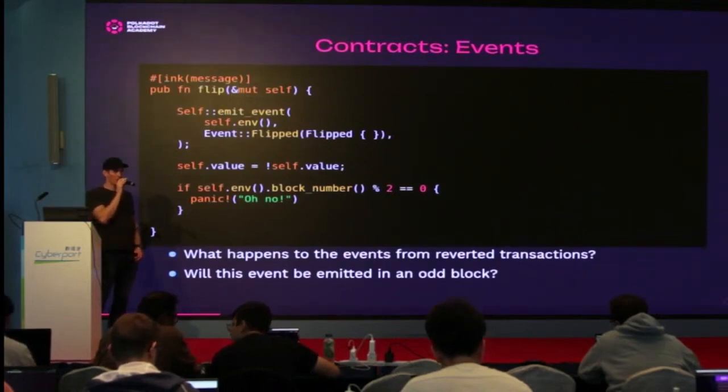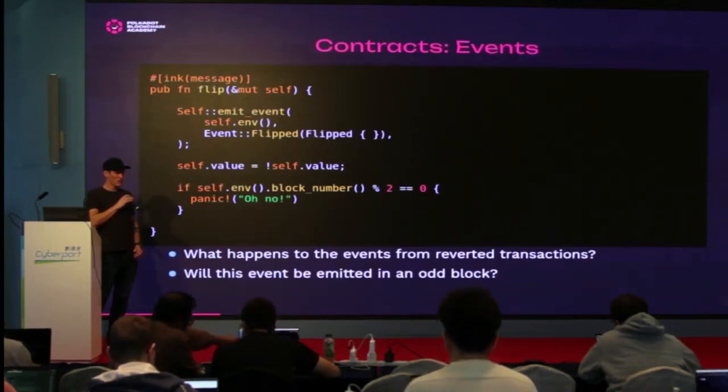You can emit an event in a constructor, sure. Is there a scenario where you emit an event in a constructor and another scenario where you emit an event in a message?